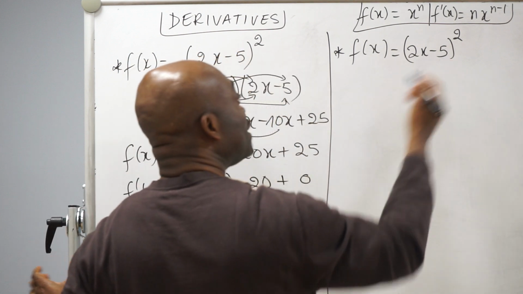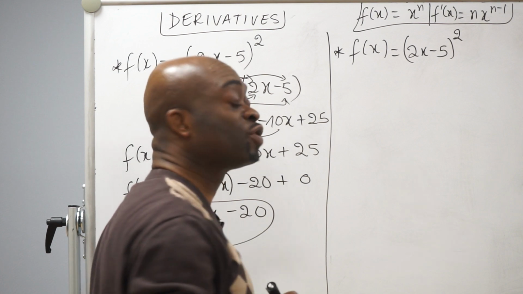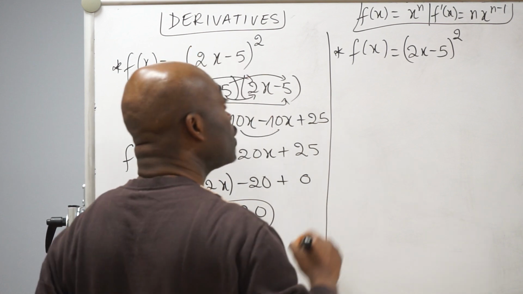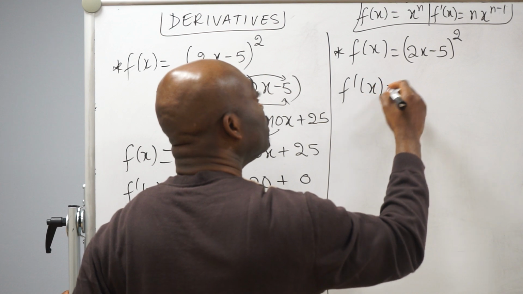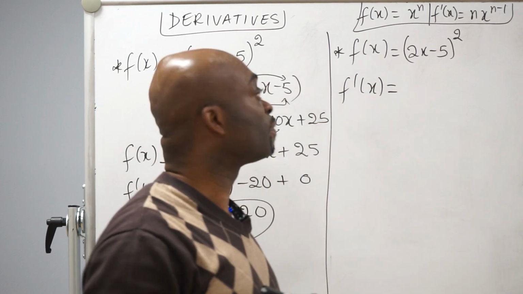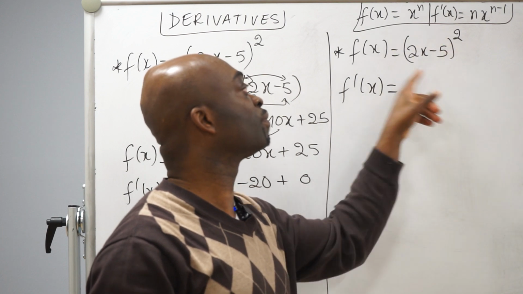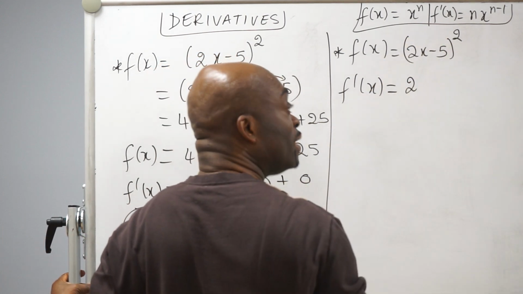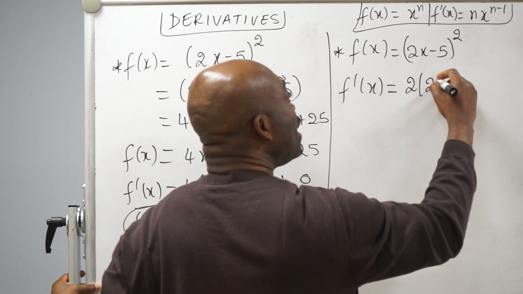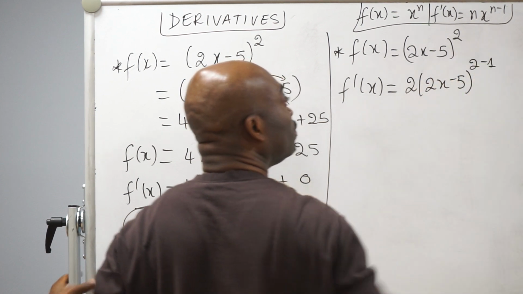So let's take this problem here. We have f(x), the same one, (2x minus 5) to the second power. We want to find the derivative of it. What we can do is apply the derivative rule to this function: the 2 will come down, and then you have (2x minus 5) to the power 2 minus 1.